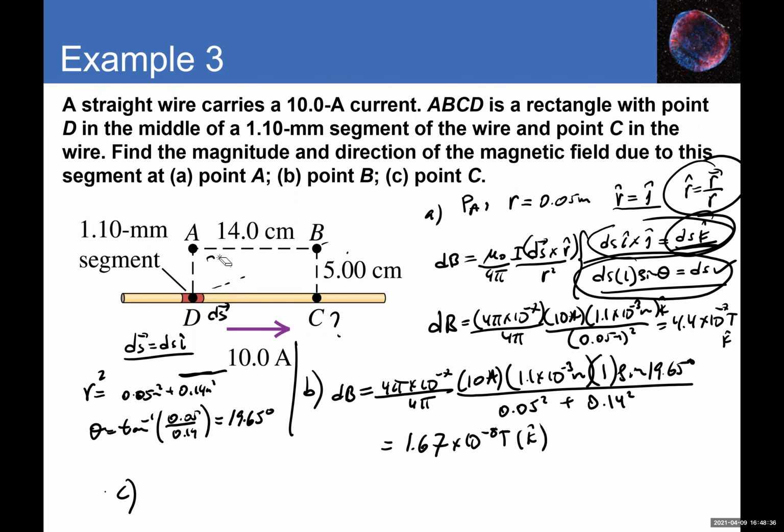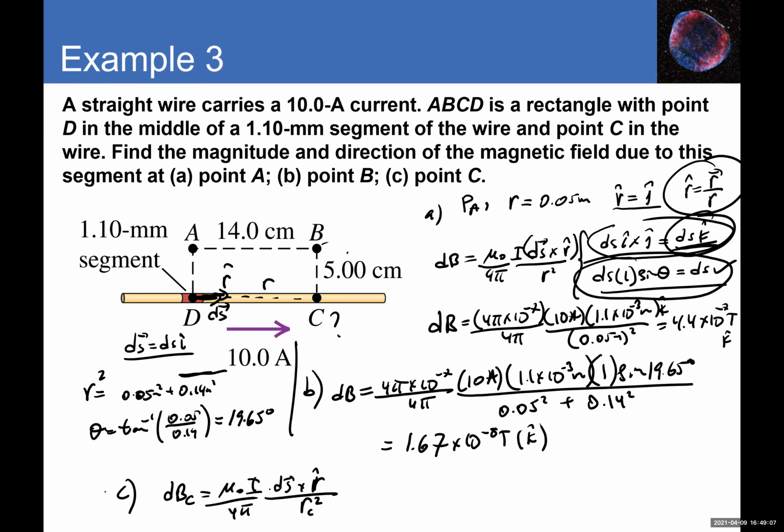So let's go back to this. Again, what I have is dB for C equals mu naught I divided by 4 pi, then ds cross r hat divided by r_c squared. This will be my ds, this will be my r, and this will be my r hat.